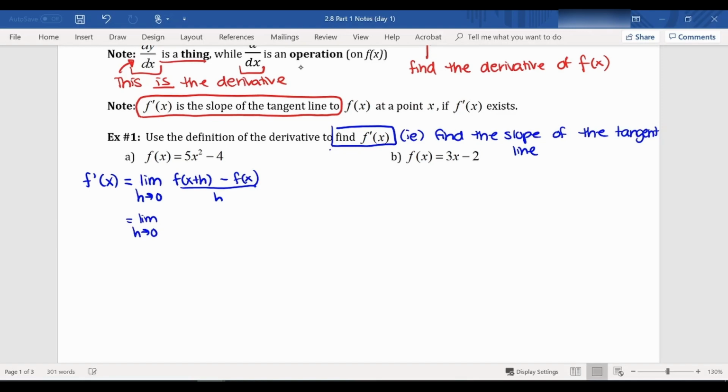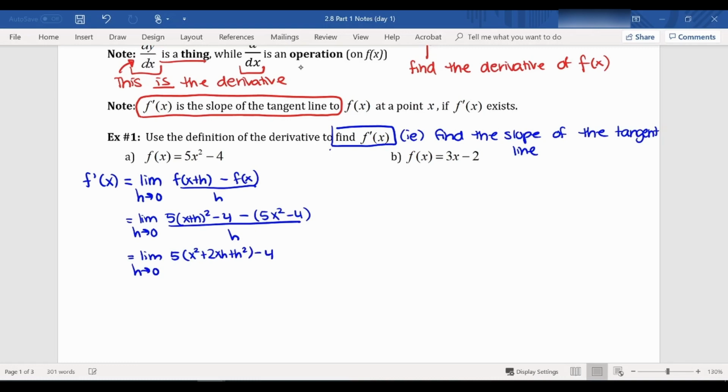Okay, so if I want to find this, this is going to be the limit as h approaches 0. f of x plus h would be 5 times (x plus h) squared minus 4, minus f of x, f of x is 5x squared minus 4, all over h. Now, if I expand this, I get the limit as h approaches 0 of 5 times x squared plus 2xh plus h squared, minus 4.